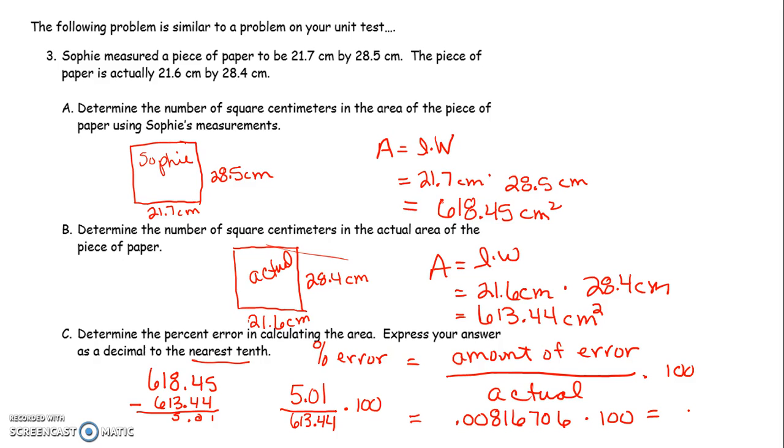Just move that decimal point over 2 places. Oh, she had a teeny tiny error. So this is 0.81676%. Round it to the nearest tenth. Is this closer to 0.8 or 0.9? 0.8. So she's only 0.8% off. That's not bad.